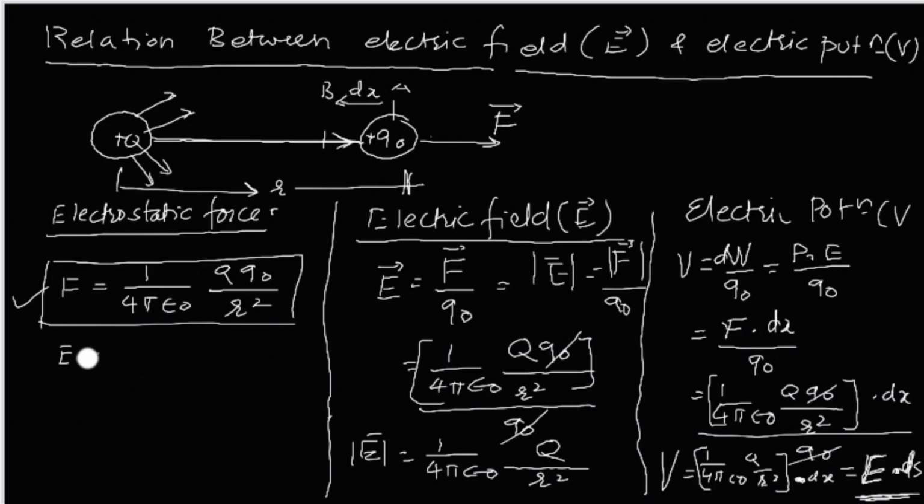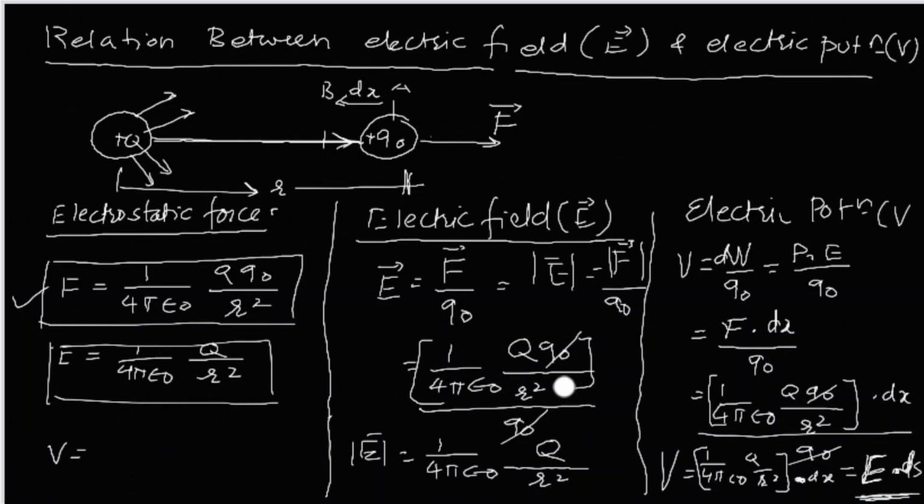This electric field we can write as 1 upon 4 pi epsilon 0 q upon r square, and then the last, potential, we can write V is equal to 1 upon 4 pi epsilon 0 q upon r. See here, dx, this much distance is nothing but r.